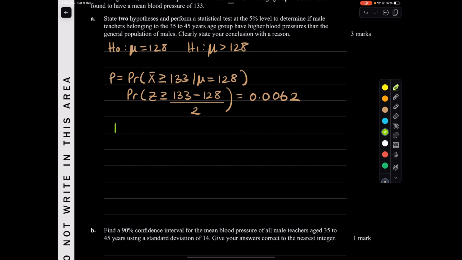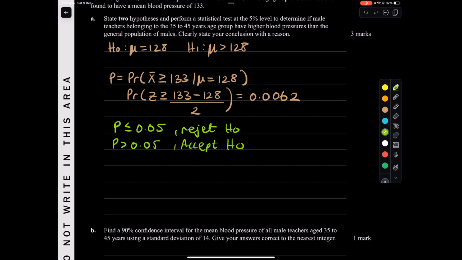If the p-value is less than or equal to your alpha value, that 5%, which is in this case 0.05, then we reject the null hypothesis. If your p-value is greater than that 0.05, we accept the null hypothesis. Well, in this case, what do we know? This value is very, very small. It's less than that 0.05.